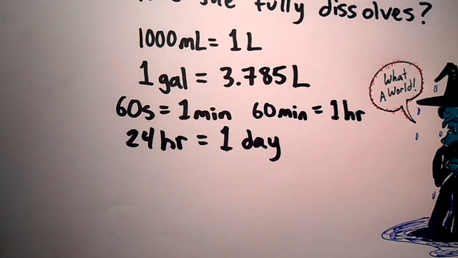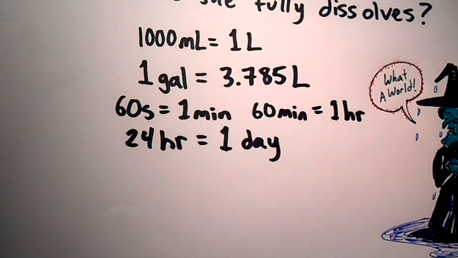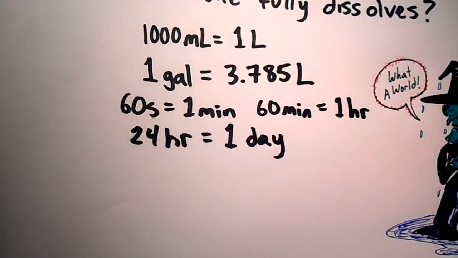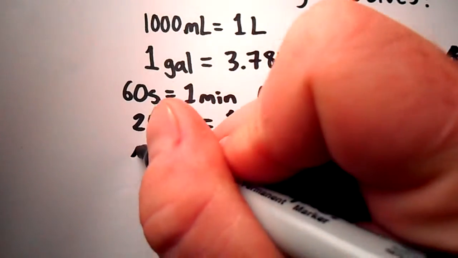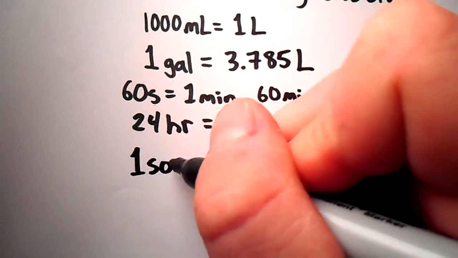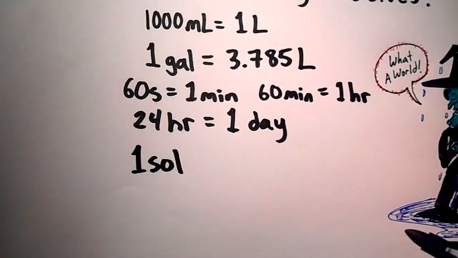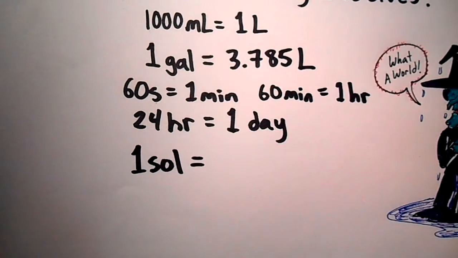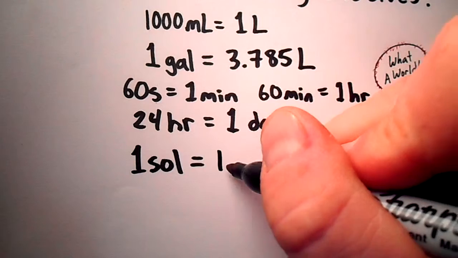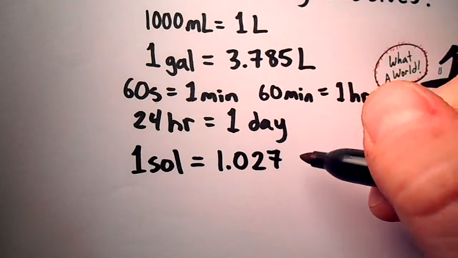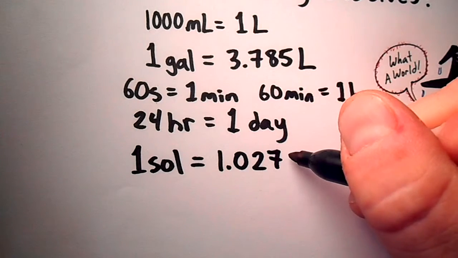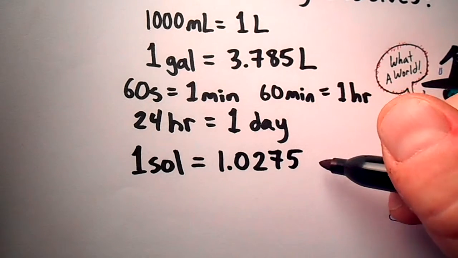What's the difference there? You know, the amount of time it takes the Earth to rotate on its axis is different than the amount of time it takes Mars to rotate on its axis. A Martian day, by the way, is called a sol. S-O-L. 1 Martian sol is equal to 1.027, and we'll take it to 275 Earth days.